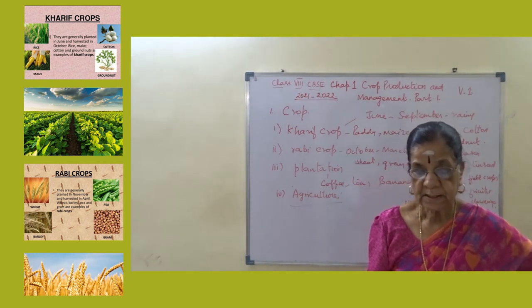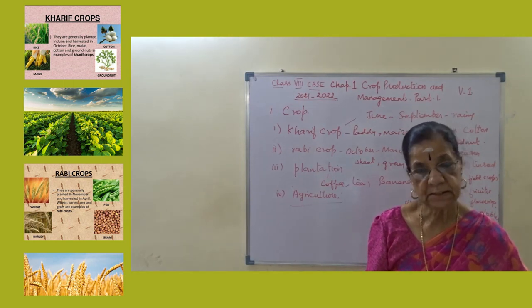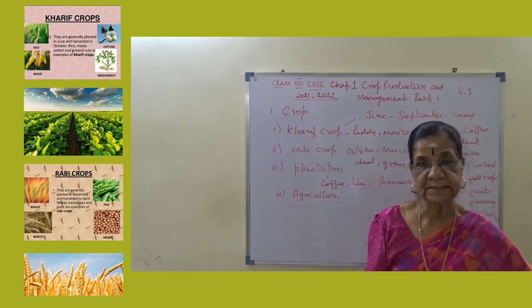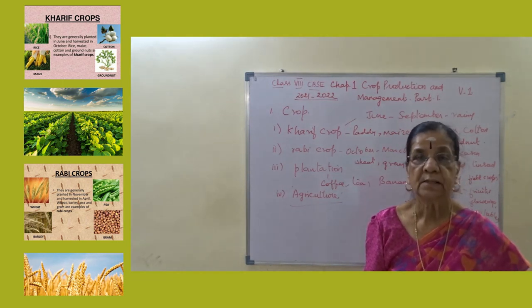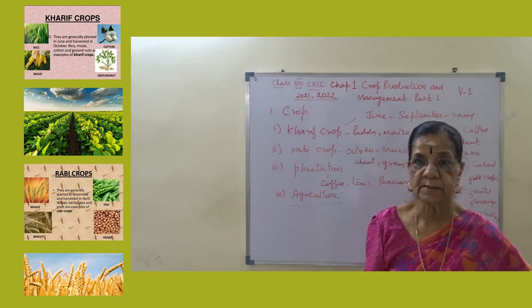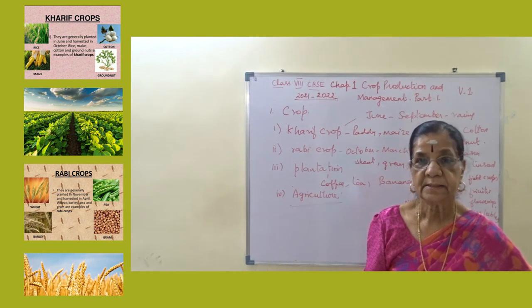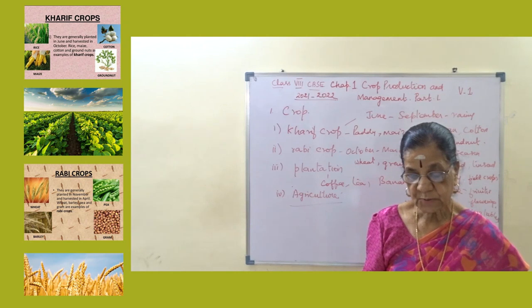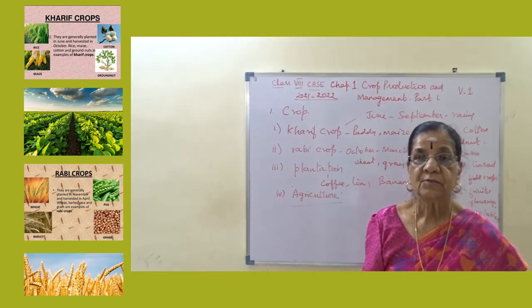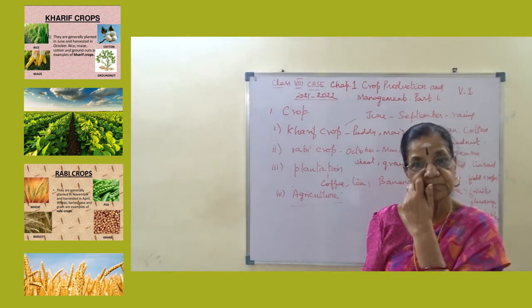Number one, kharif crops are monsoon or rainy season crops. Monsoon period, rainy season, that is. I repeat, kharif crops are monsoon or rainy season crops. Second point, these crops grow in hot and wet conditions.